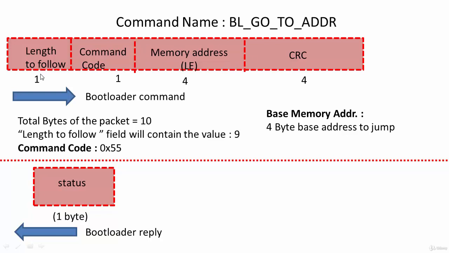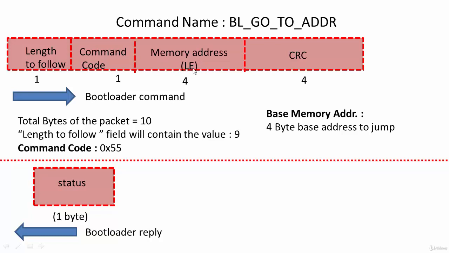The format is: the first 2 bytes are reserved for length to follow and command code, the third field will be the 4-byte memory address mentioned by the host, and the last 4 bytes will be the CRC. Once the bootloader receives this command, it will jump to the memory specified by the host.